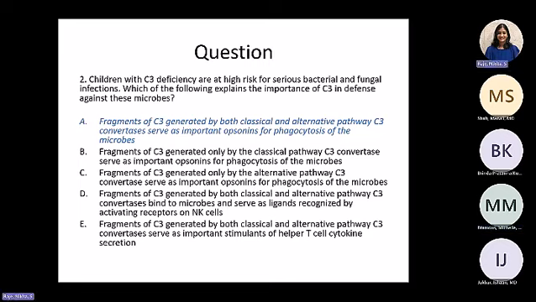Yeah, it's part of both classical and alternative pathway, not just classical or not just alternative pathway, and does not act as ligand for NK cells. So, and then the last option is talking about helper T cell cytokine secretion.